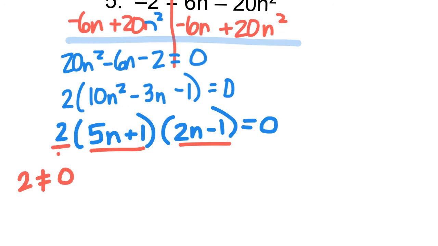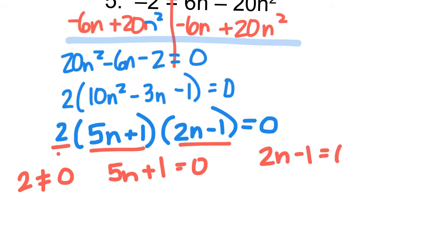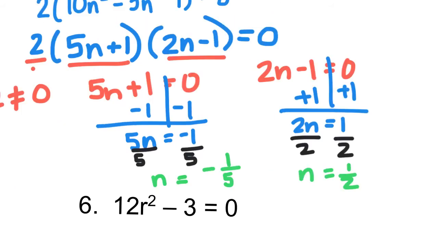Since it's not true, we are going to throw it out. However, we'll take the other 2 factors, 5n plus 1, set that equal to 0, and 2n minus 1, set that equal to 0. Please pause the video as you solve for n now. Now that you've solved, you have 2 solutions, n equals negative 1/5 and n equals 1/2.